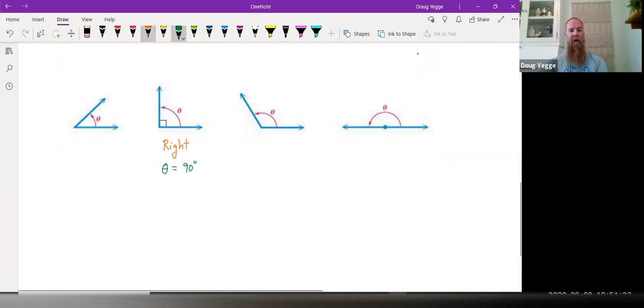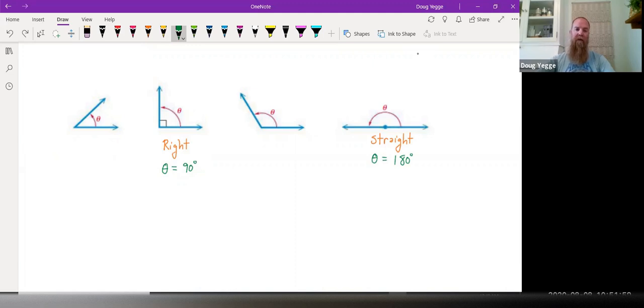Okay. And we also have another easy one over here because a half of a rotation of a circle is considered a straight angle. And straight angles occur when theta is equal to 180 degrees. You can see why we call it a straight angle, because it has a straight side, which means that the initial side is over here and the terminal side is over here, straight angle.